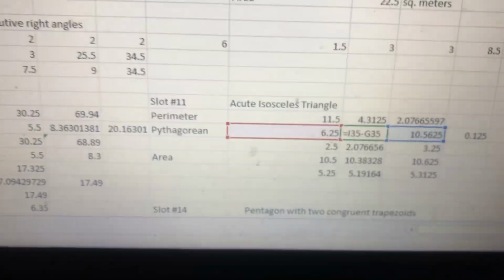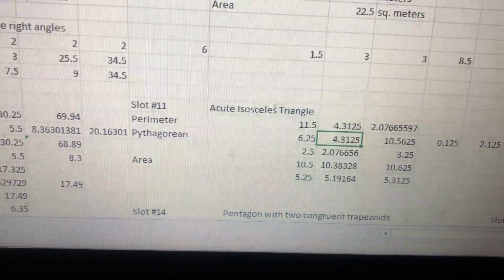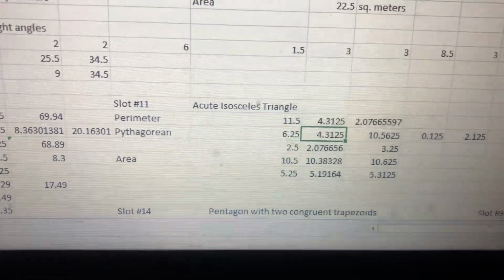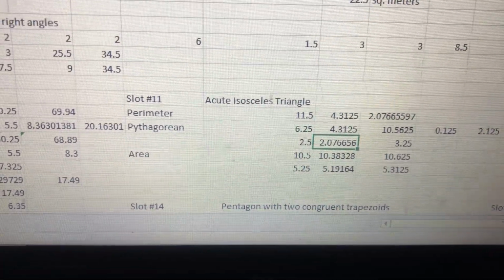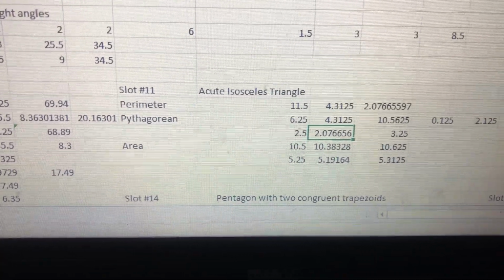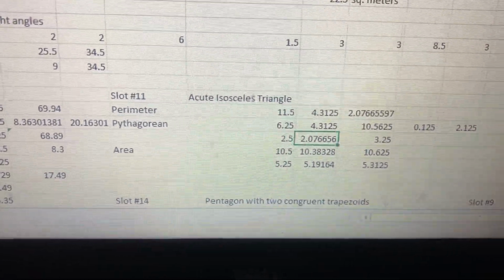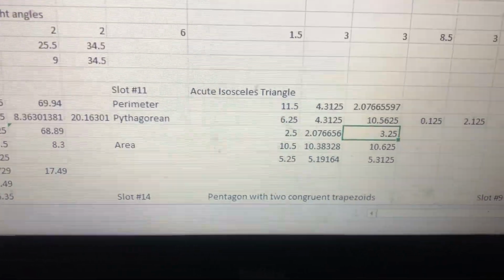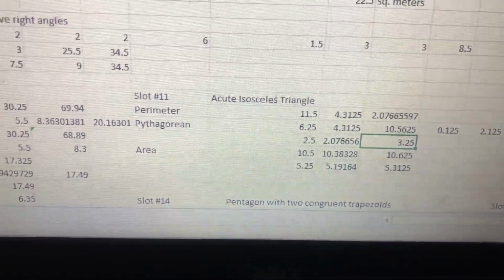So that's your formula here. You subtract this from both sides, and you should get 4.3125 something. And then here, you take the square root of it, so you can get 2.07666 and a bunch of whatever numbers are there. The values you see on this row pertain to the Pythagorean theorem numbers that are not yet squared. They are just in one dimension.